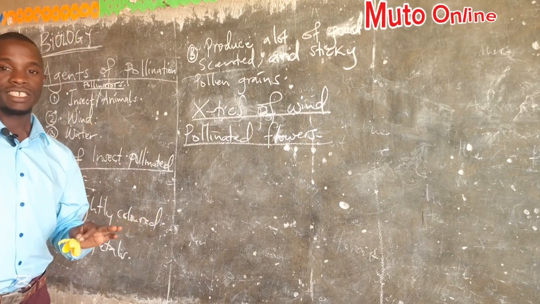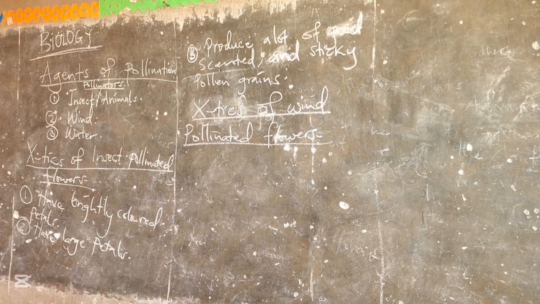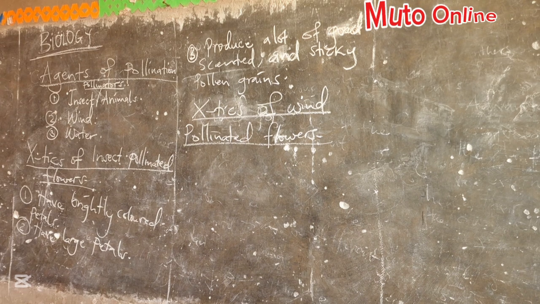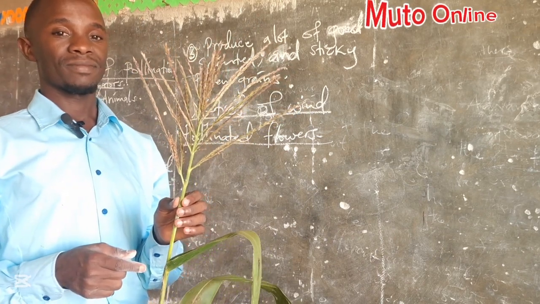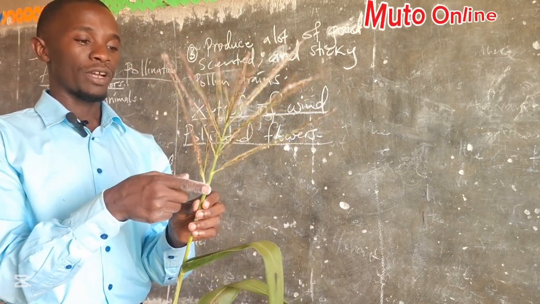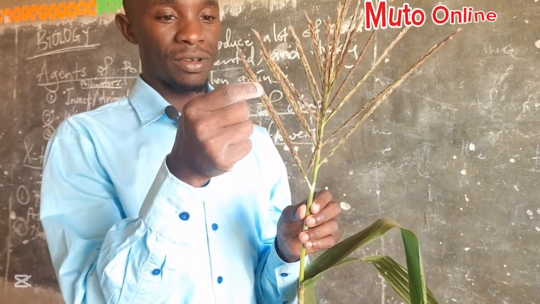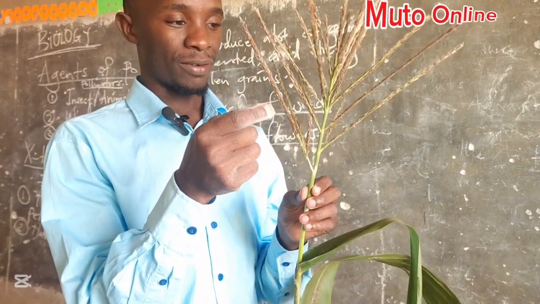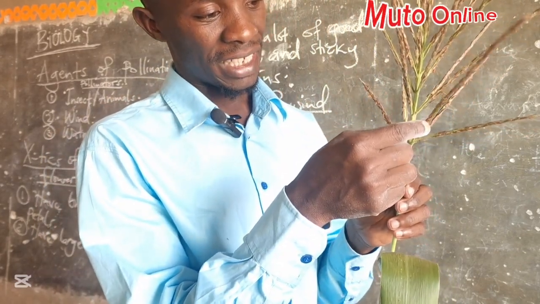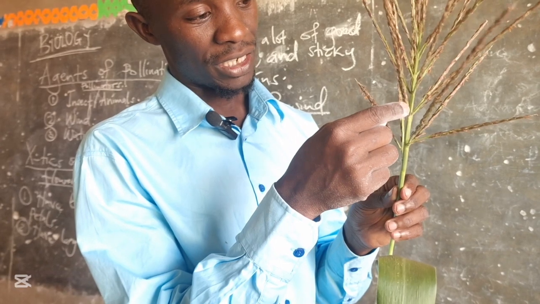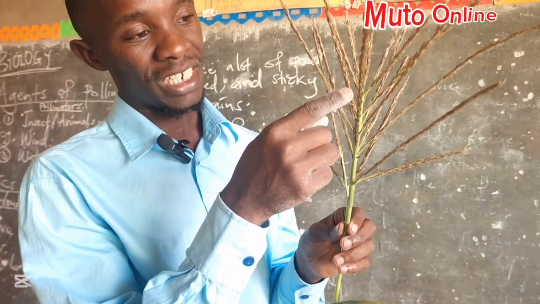So we are looking at the characteristics of the wind pollinated flowers. There are very many, but we are going to mention a few that are crucial. Let's take an example of this. When I try to tap it, you can see the anther heads, though this one is still young, it was just forming, but you can see some of the anther heads are hanging freely. These ones are still in the brackets, but the anther heads are hanging freely.